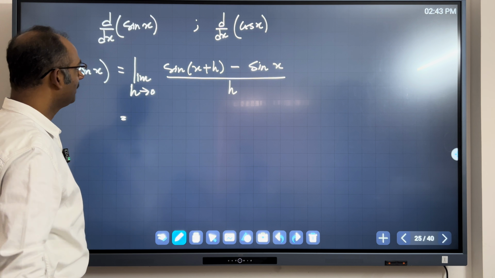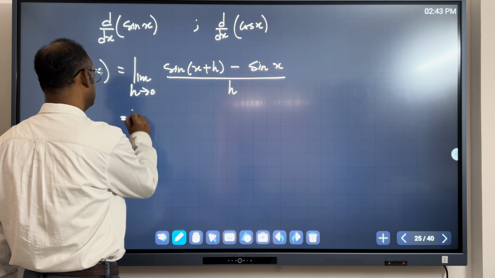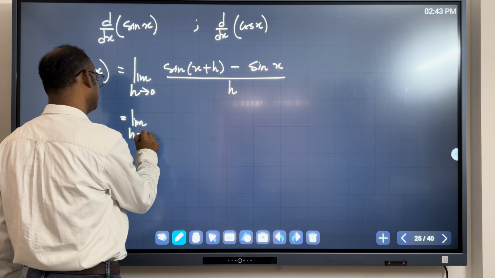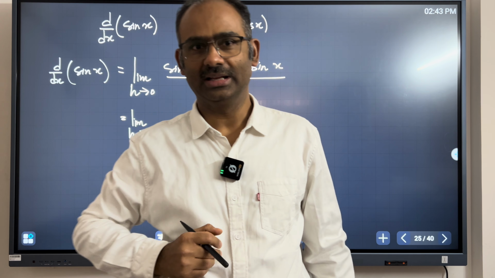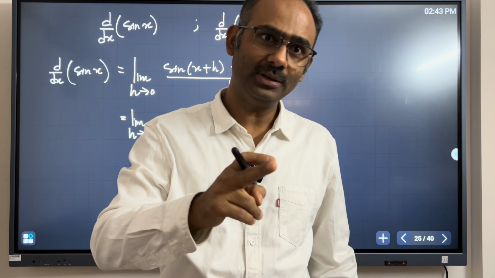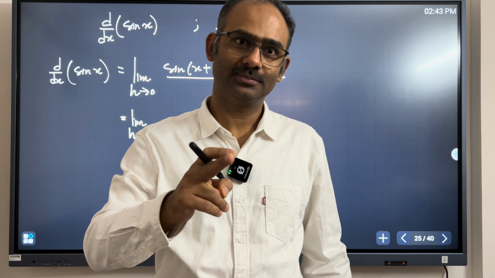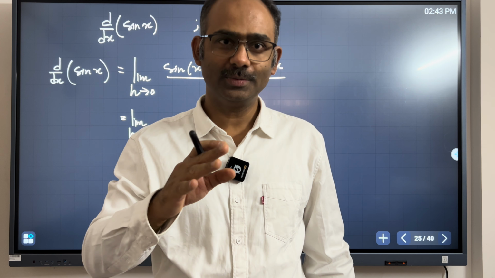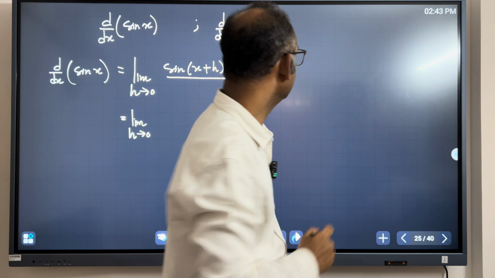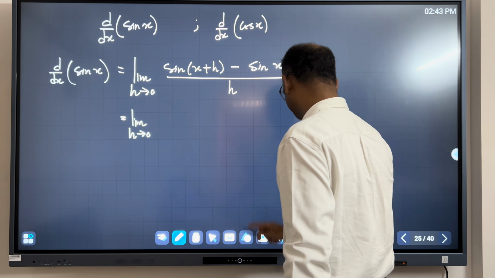Now that's easy. It's easy because you know what sine of a plus b is. Sine of a plus b is, you remember? I've forgotten, huh? Sin a cos b plus cos a sin b. Okay, so we will use this.